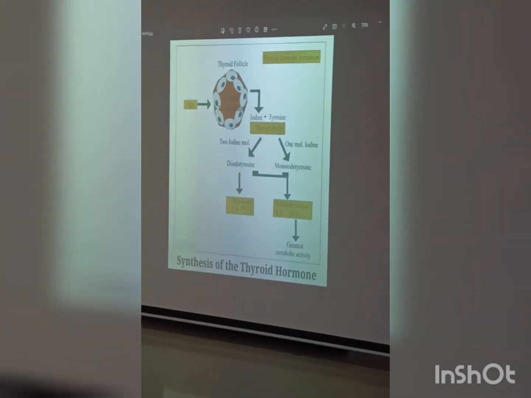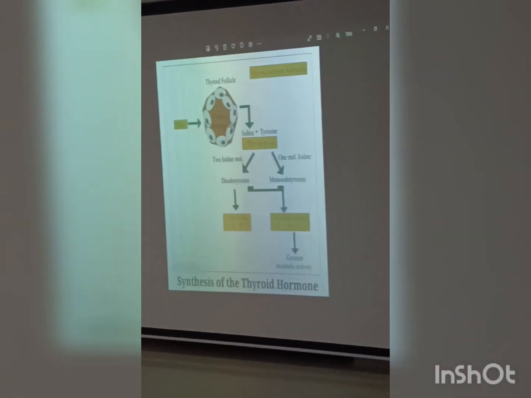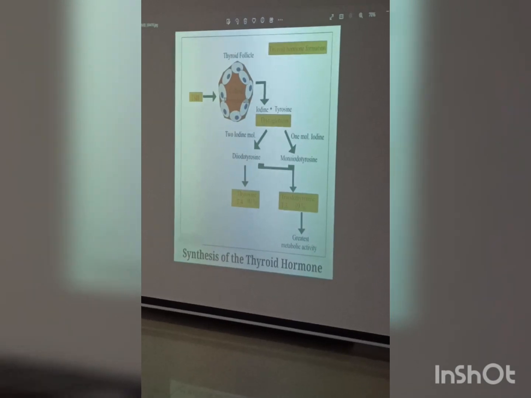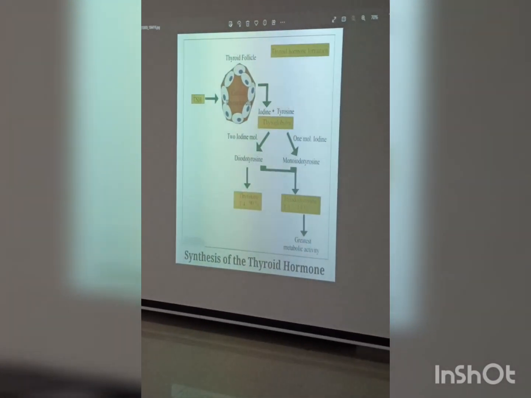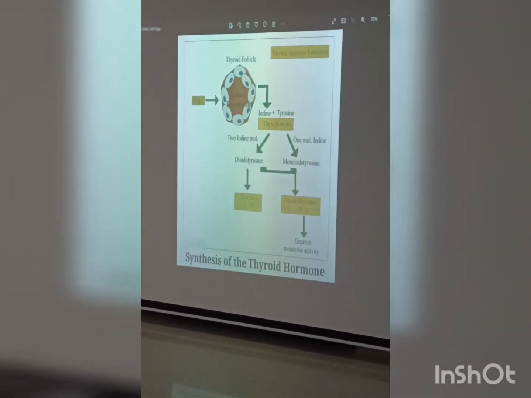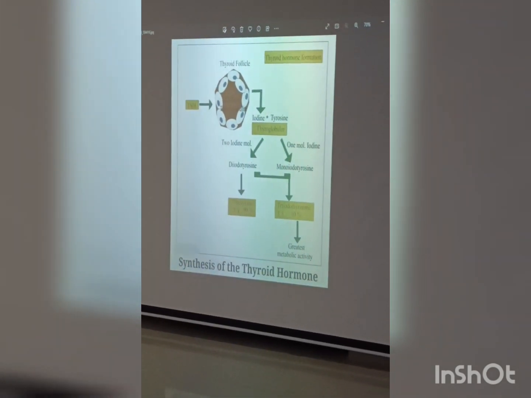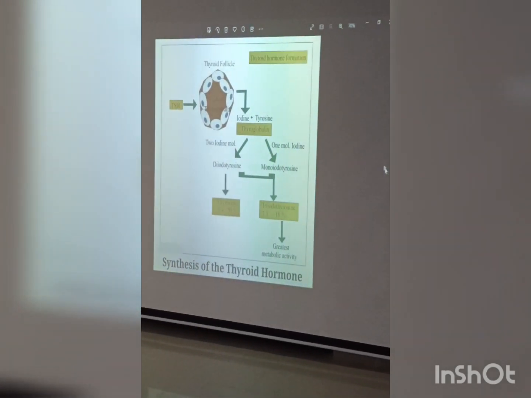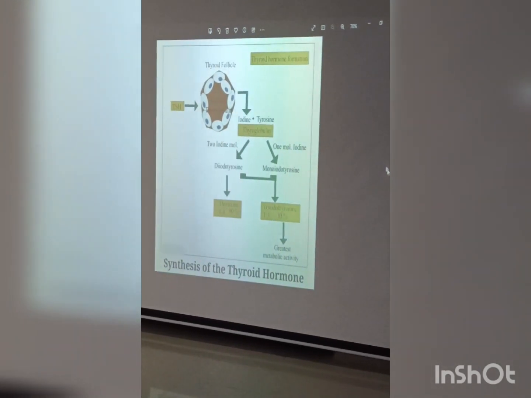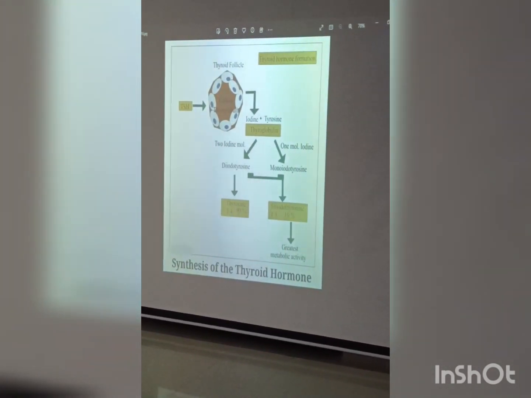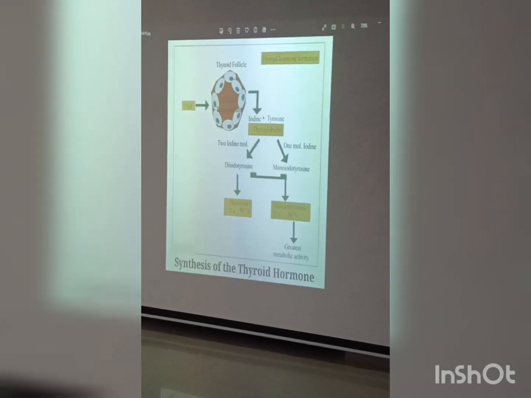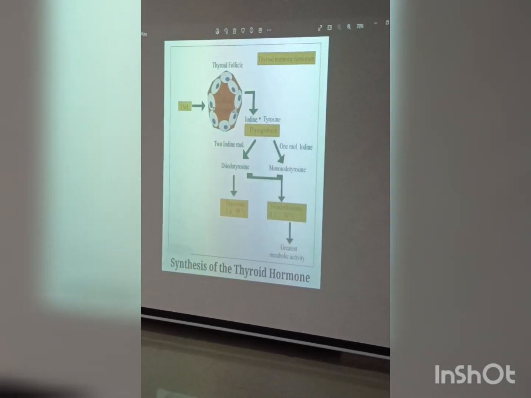Again, if you see the form of a chart, the thyroid follicle is lined with a simple cuboidal epithelium. In the center, you have gelatinous colloid. What is it? That can be a viva question. You can answer: this is thyroglobulin, a glycoprotein. When TSH acts on it, it converts iodide into iodine, which combines with the tyrosine residues.